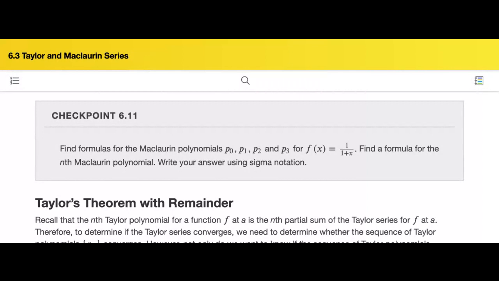Anyone like to see the calculation? Should we go over the calculation together? Okay, let's do that.